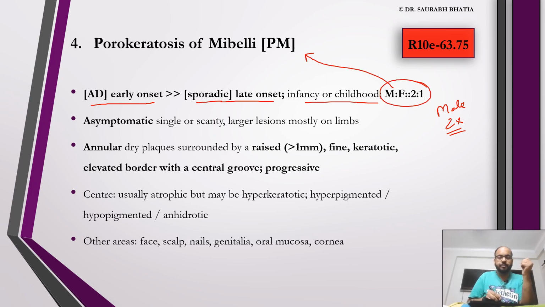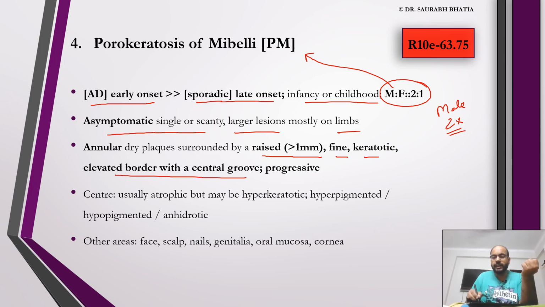Okay. It consists of an asymptomatic single or scanty larger lesion, mostly over the limbs, similar to DSAP. And they have a raised, more than 1 millimeter, fine keratotic elevated border with a central groove. So if it has a central groove, it will have a double edge. If you look at this schematic representation, you can see that the margin is made up of two layers.